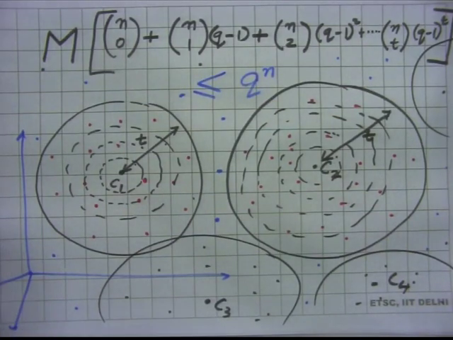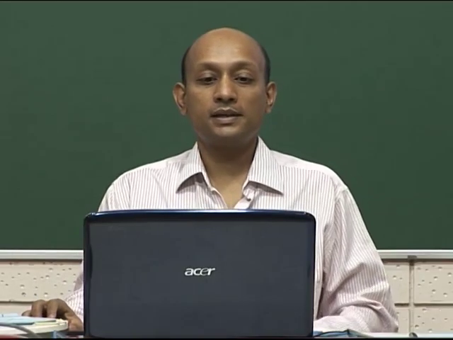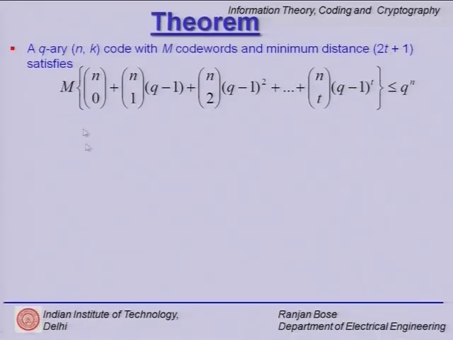And that is exactly what we have on our slide here. So if you go back to this slide, we have on the left hand side M multiplied by n choose 0 plus n choose 1 (q minus 1) and so on and so forth, less than or equal to the total number of vectors q raised to the power n in this space.